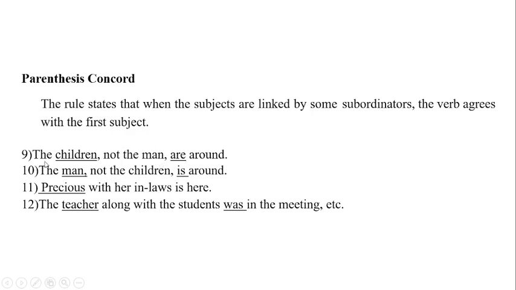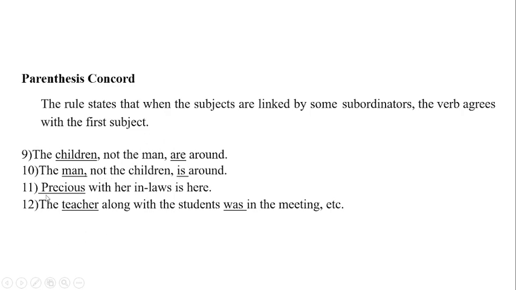You can as well say that the children are around, because not the man is optional. That is what this type of concord is simply teaching. The man, not the children, is around. So you say the man is around. Not the children is in parentheses.